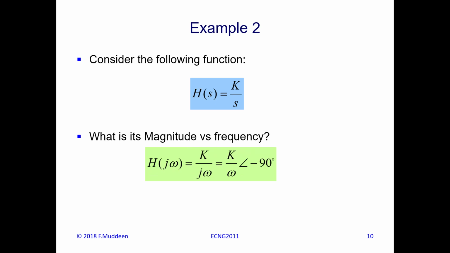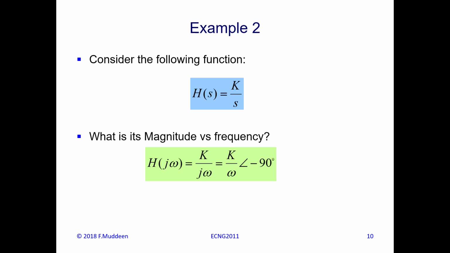And as such, 1 on j, if we watch this on the real versus imaginary axis, has an angle of minus 90 degrees. If you remember, the real axis is the x-axis and the imaginary axis is the y-axis.